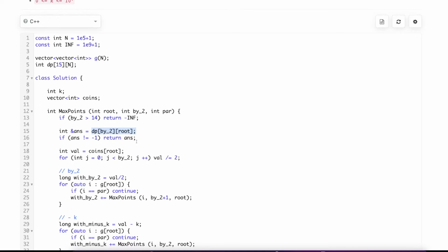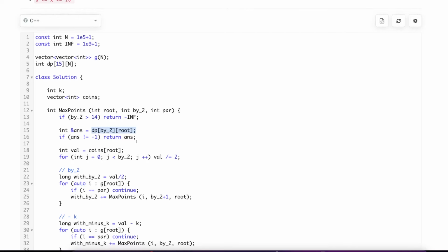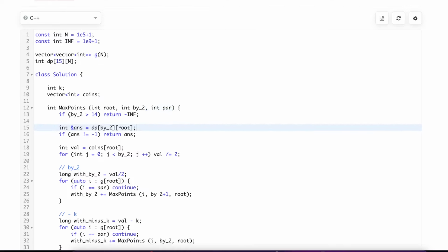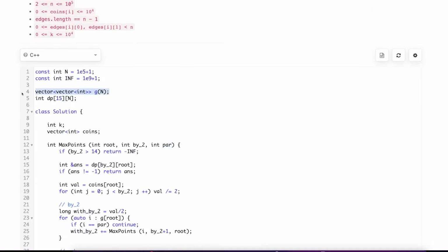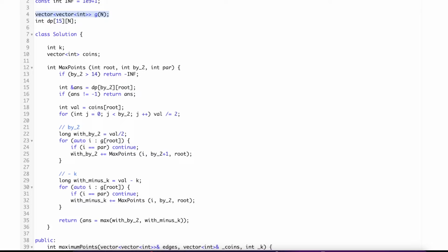If you don't understand it, you can post it in the comment section. This parent just denotes the immediate parent, so that in the adjacency list we don't iterate over the parent. That's the only thing, nothing else is there.